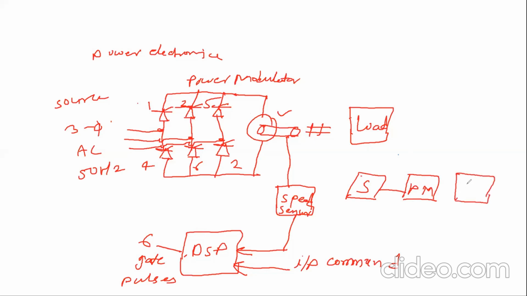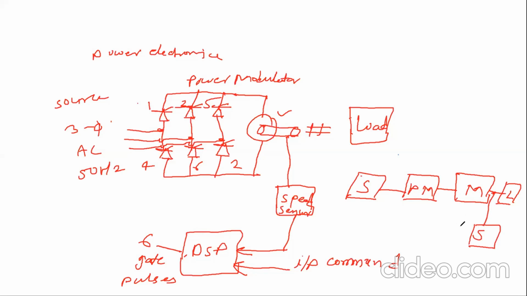The power modulator is feeding a motor, and this motor is connected to a load, and some sensing unit. The sensing unit is used to sense the electrical or mechanical quantities of the motor. Electrical quantities means current, voltage.